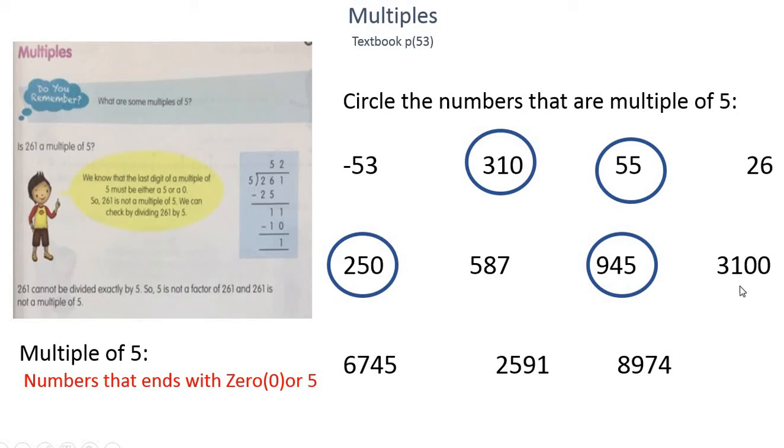Yes, the ones place is 0, so I circle it. Next, the ones place is 5, so I circle it. The ones place is 1, so it's not a multiple. Here the ones place is 4, so it's not a multiple of 5. Now we know that a multiple of 5 should end with 0 or 5 in its ones place.